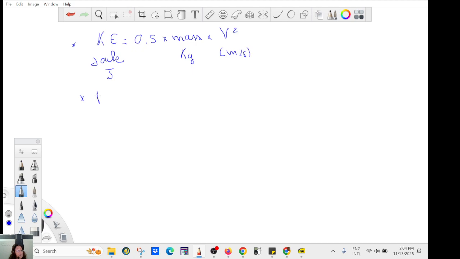And then you have the change. Sometimes we're going to use the change in kinetic energy, so that will be with a delta.